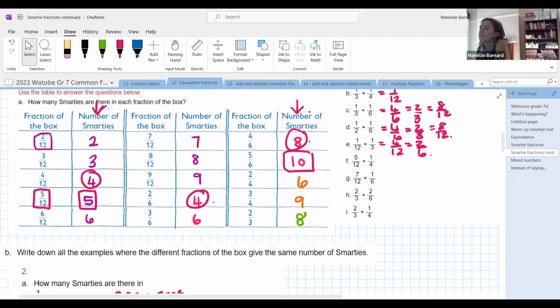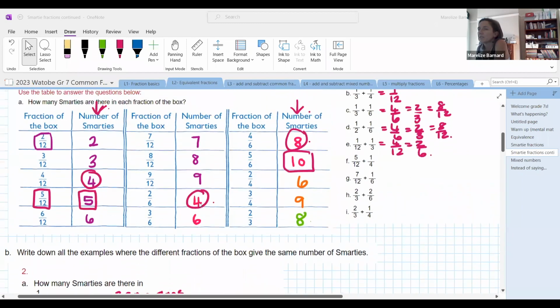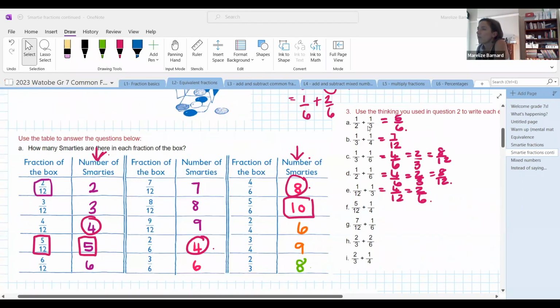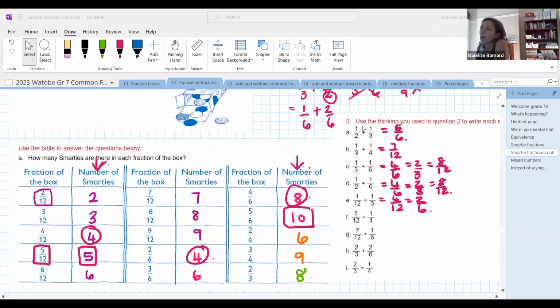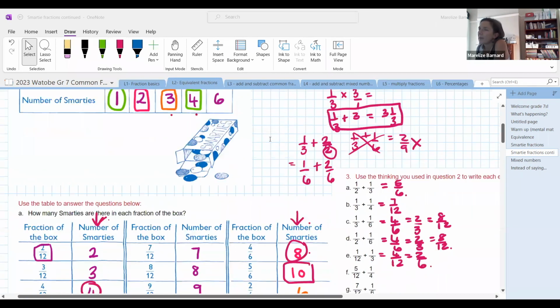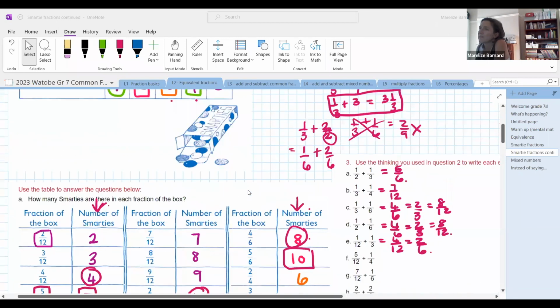No, we're just using the example with the Smarties. We did this here when we said how much is each of these fractions, and then we filled it in the table. When we look at what is a half plus a third, half of the pack of Smarties is 6 Smarties, and a third of the pack of Smarties is 4 Smarties. So altogether, that will be 10 Smarties.